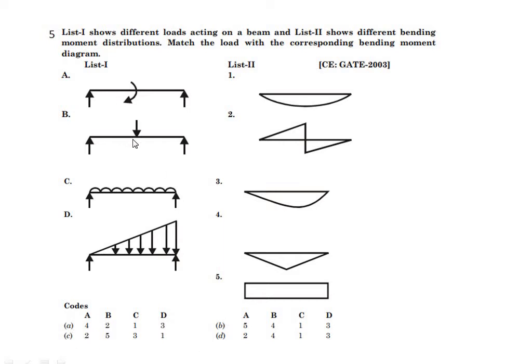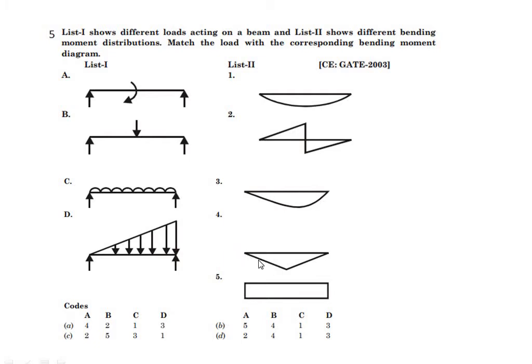Now, for B, you have a point load at the center. Remember that if you have a point load, then in the bending moment diagram you are going to have a linear variation, right. So 2 is already done. The only linear variation remaining in the diagram is 4.